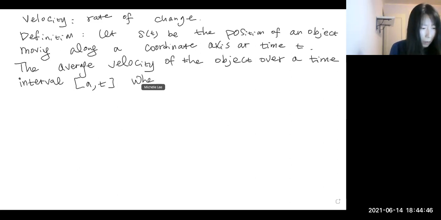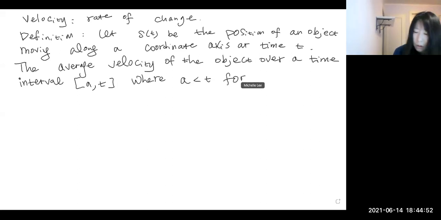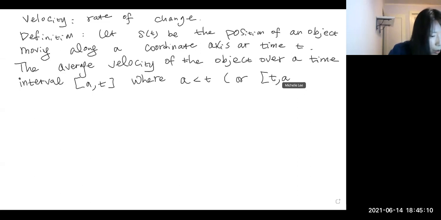This is a time interval, t in [a, t] or [t, a] if t is less than a.